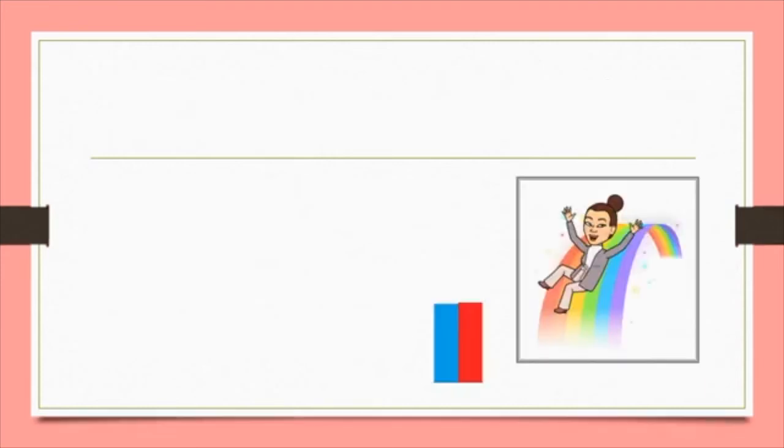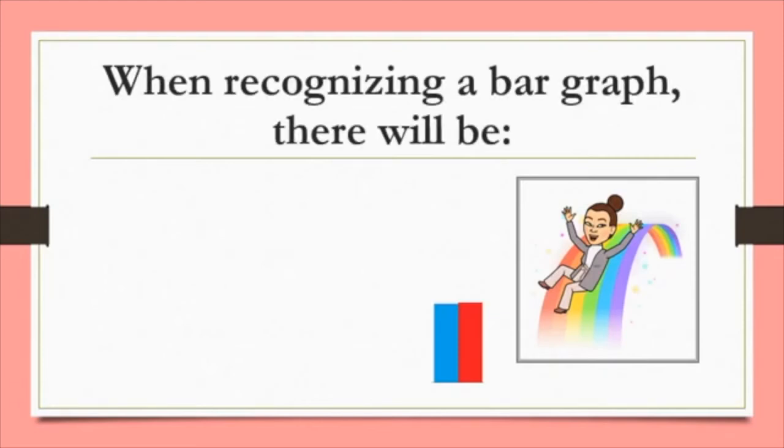Now, today, our focus is on a special type of graph called a bar graph. And there are certain things to look for so that when you see one, you will know one. Repeat after me. When I see it, I will know it. Good job.